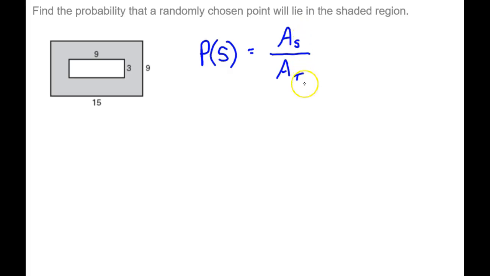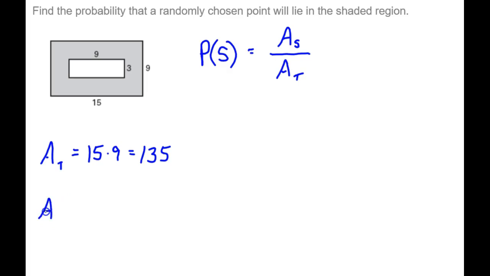Now we need to find each of these individual areas. First, we can find the area of the total shape because that's going to be easier to calculate. The area of the total, we just have to multiply our base times our height, or our length times our width. So if we take 15 times 9, that is going to be equal to 135 square units.